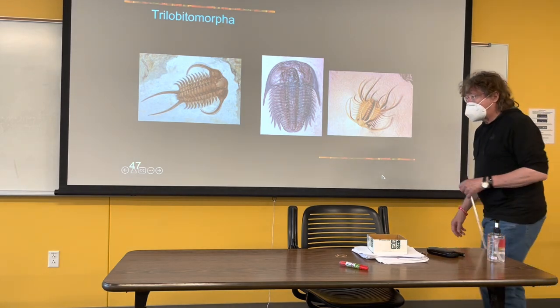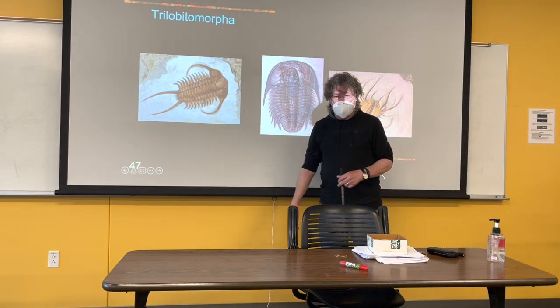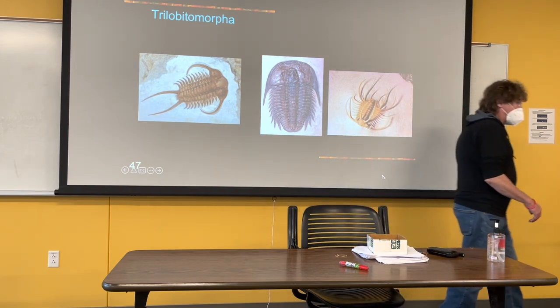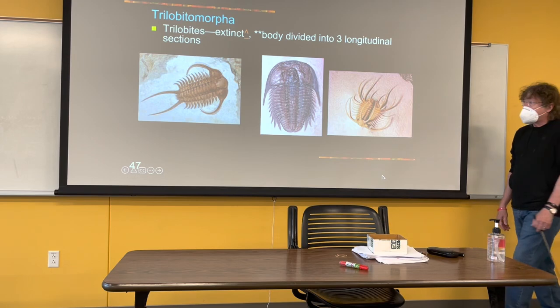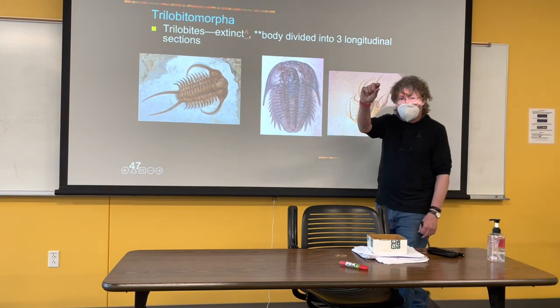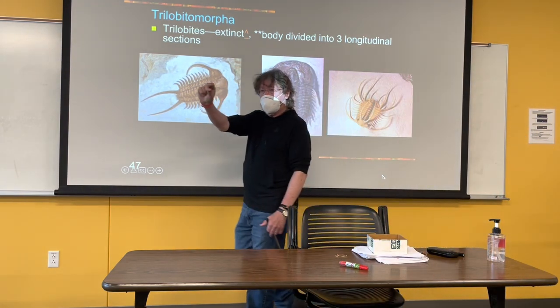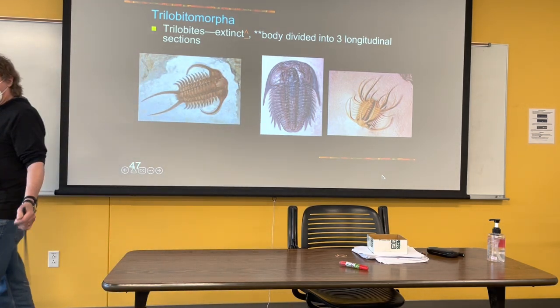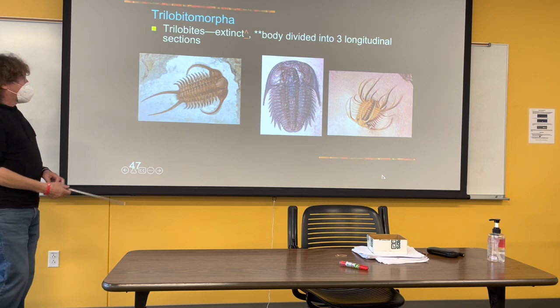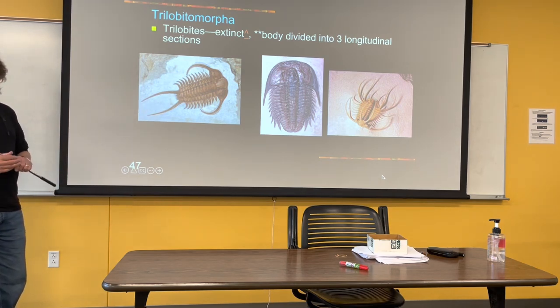They all died out at the end of the Paleozoic with that Permian crisis. And so some of these got to be pretty big. Some of them were really small, maybe less than a centimeter long, but others were really quite large. All of them marine. They lived in the ocean.